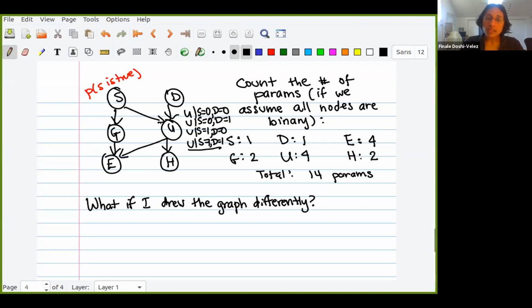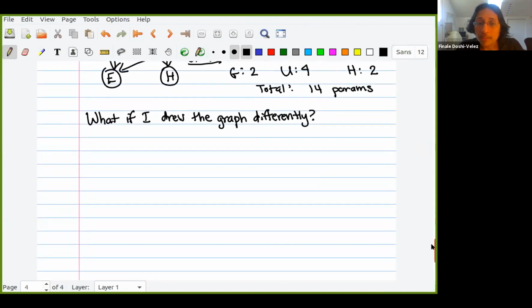So this graph over here kind of insists on a generative story that starts with S and D, and then goes to G and U, and then to E and H. So if I was sampling, for example, if I want to generate a potential vector out of this data set, then I would start by generating S and D, then I would sample G and U, then I would sample E and H, right?